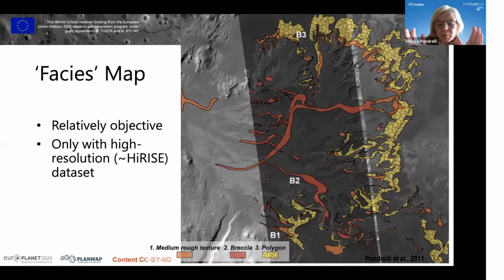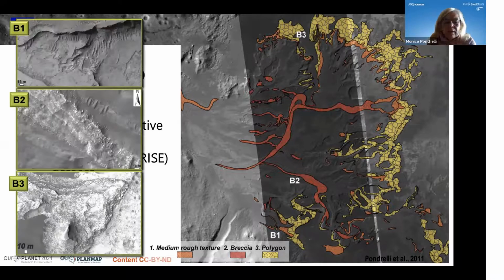Maybe facies is a bit of an improper term to use on planets, but still, the light-tone deposits have been divided into three, let's call them facies: medium rough texture, this orange one, then this breccia here, and then the polygonal pattern unit.